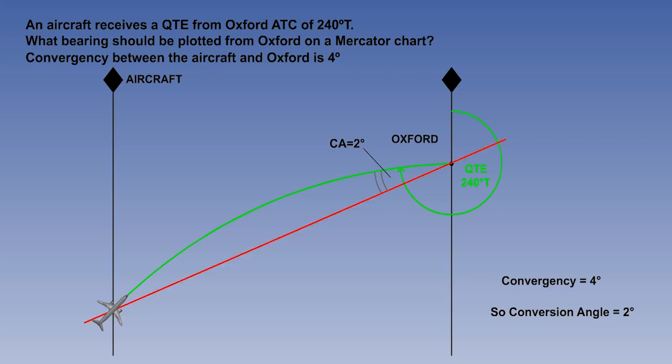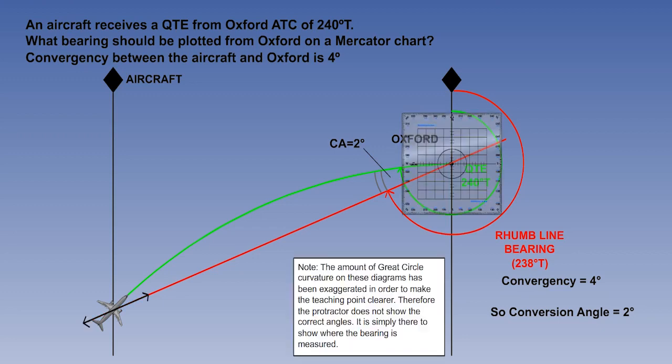The rhumb line is always nearer the equator. In this example, the great circle bearing is 240 degrees true. Measuring clockwise, a line nearer the equator makes a smaller angle. So the rhumb line bearing will be 238. We now put our protractor over Oxford on the chart and plot the straight line bearing of 238 degrees true.